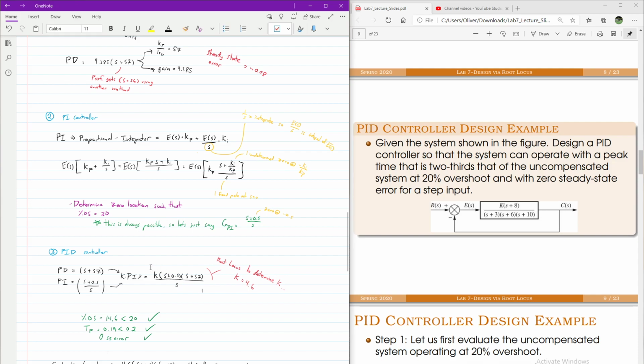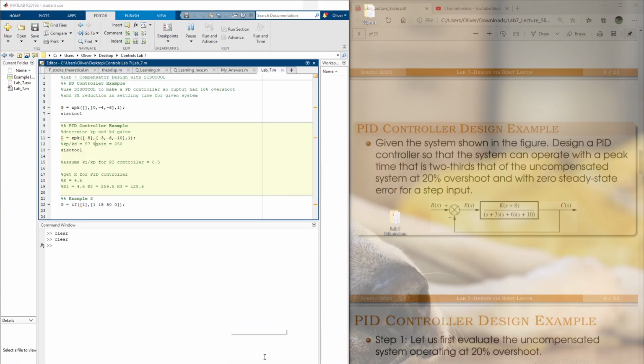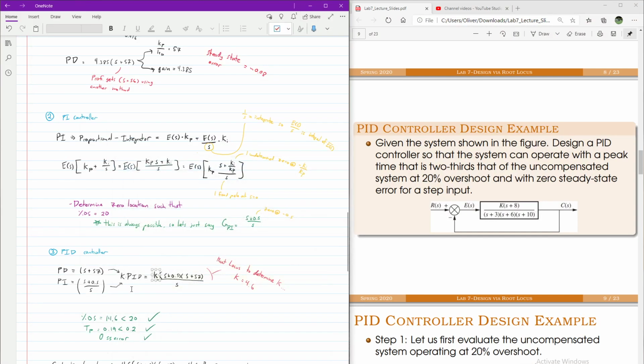So all we need to do is figure out what this K term is, right? So we have made it possible via our zeros and our pole, so that way we get an overshoot of 20%, a peak time of 2/3 of the uncompensated system, and we're going to get 0 steady state error.